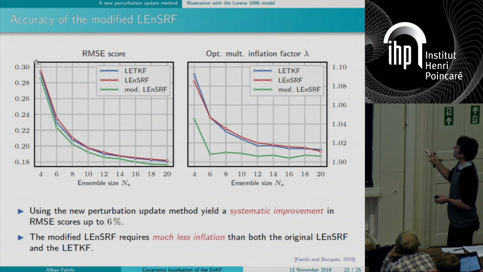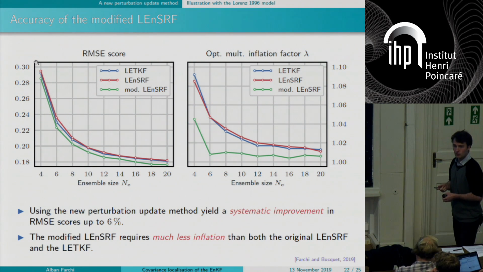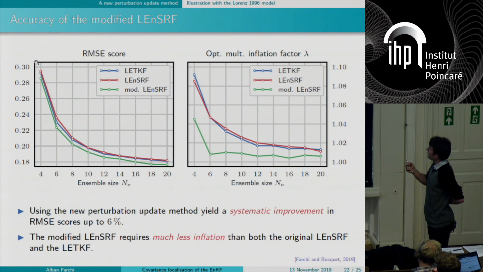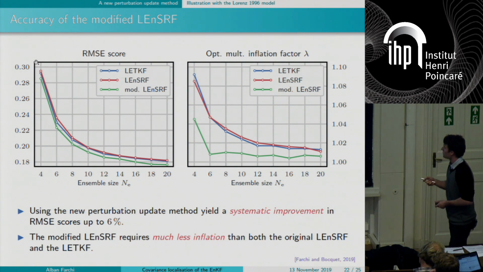On the right plot, we have the optimal multiplicative inflation factor as a function of the ensemble size, again for all three methods. And what is really striking is that the modified method, the new method, requires much less inflation than both the original local ensemble square root filter and the LETKF.